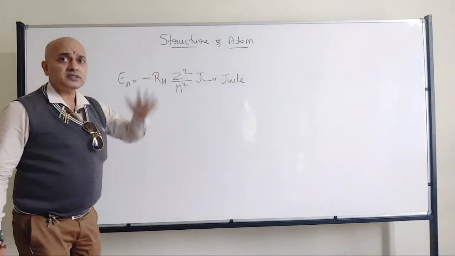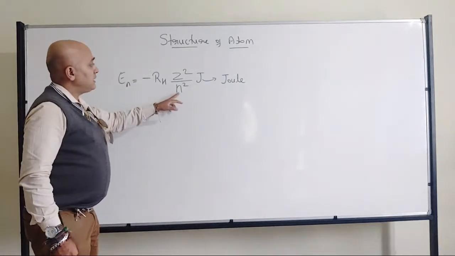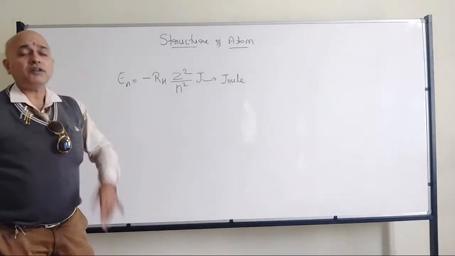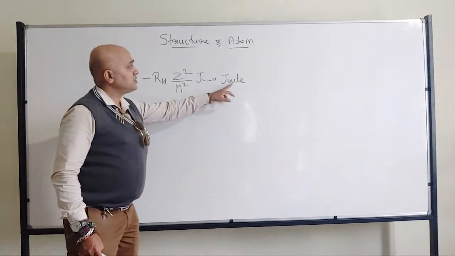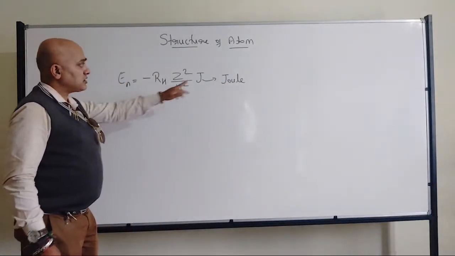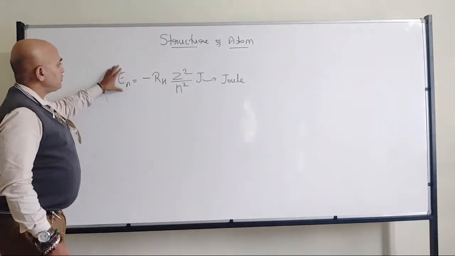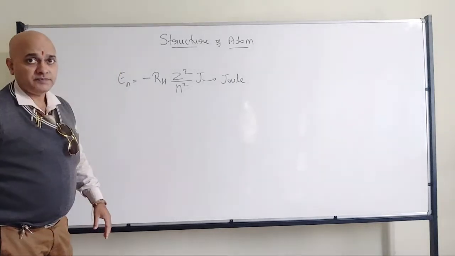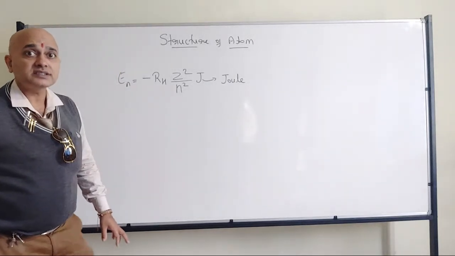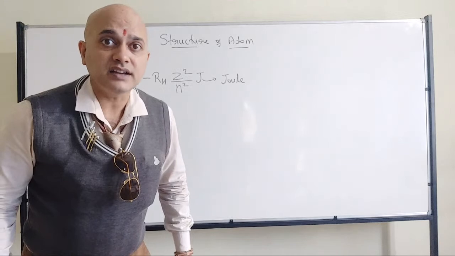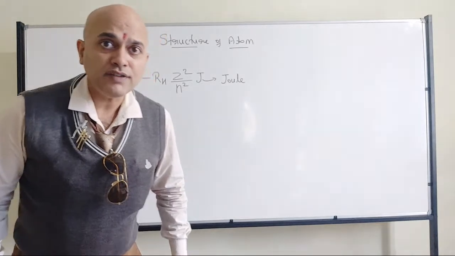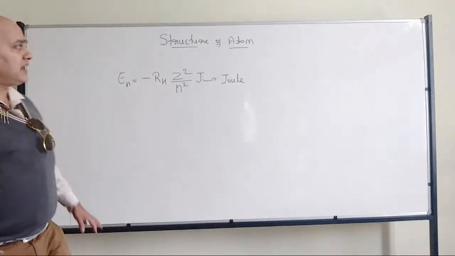Atomic number does not have any unit, energy level number does not have any unit. So this joule came from Rydberg's constant, which is nothing but the unit for the energy. That's what we have discussed in the last class. Okay? All of you have understood? Yes, you people are right.